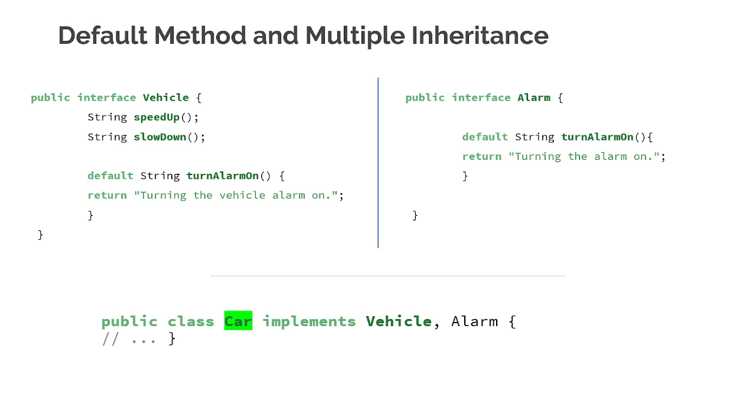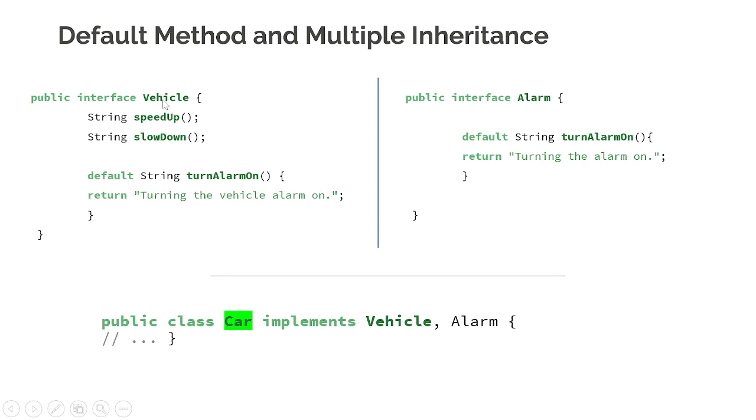But in interfaces it's possible, we know that. But since Java 8 onwards, as we just learned, we can have default methods, defined methods. So how will we solve this problem?